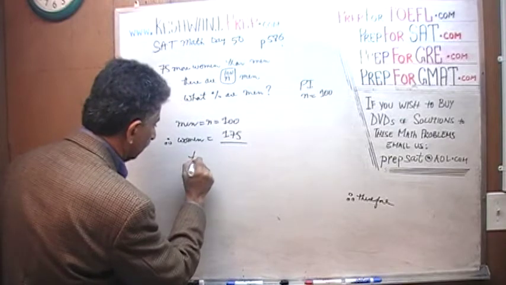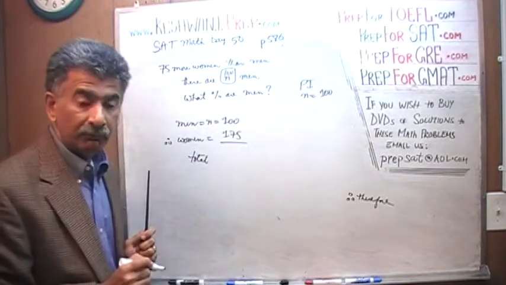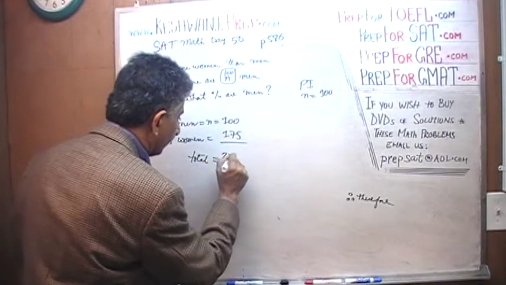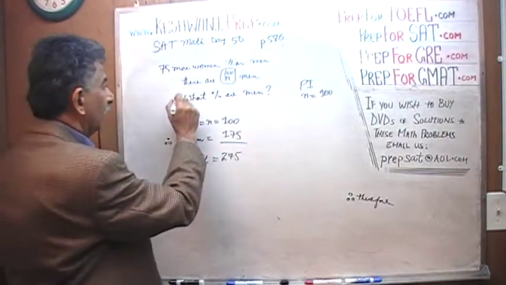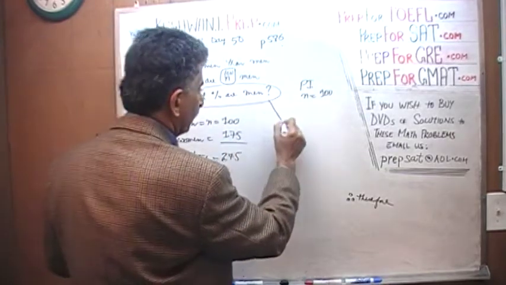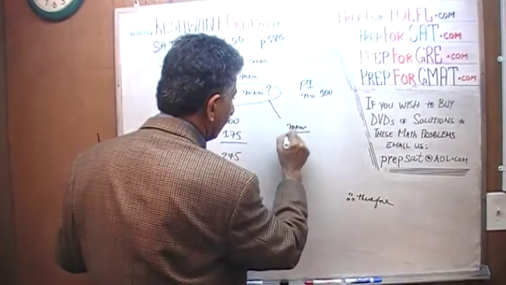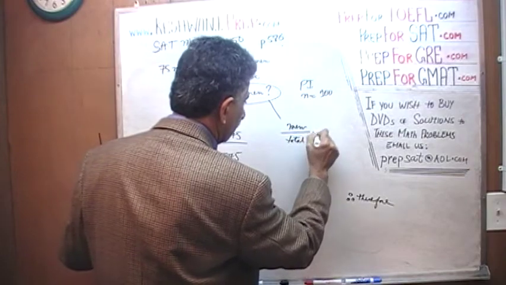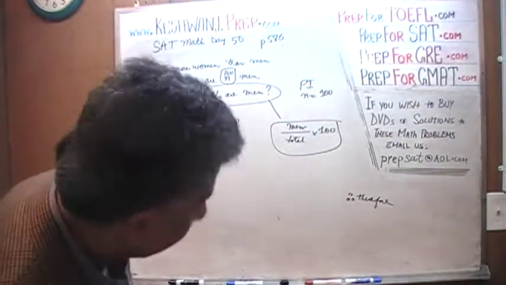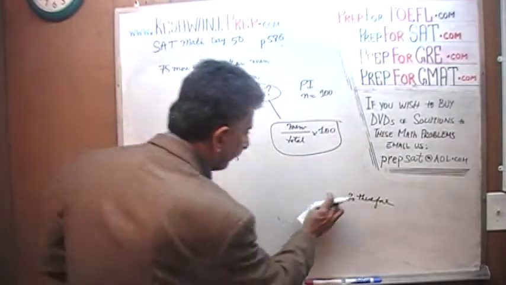And the total of men and women would be 275. They're asking us what percentage are men. Well, that's very straightforward. The answer is simply the number of men over the total times 100. Number of men, we plugged in 100.